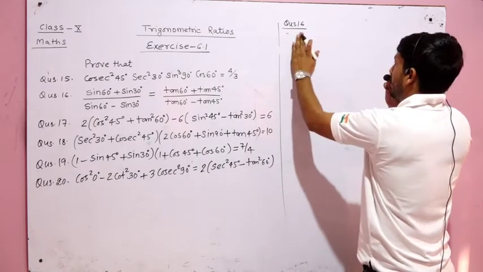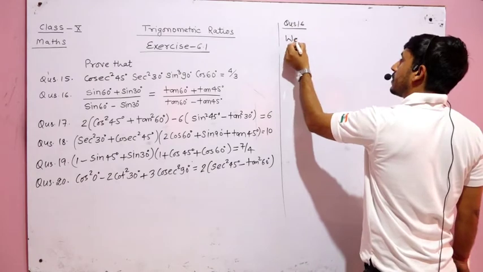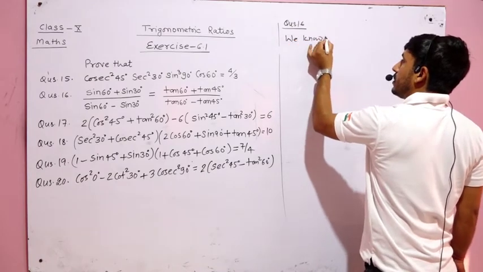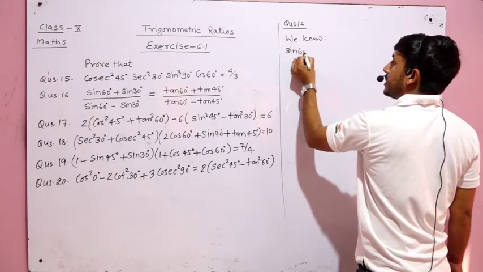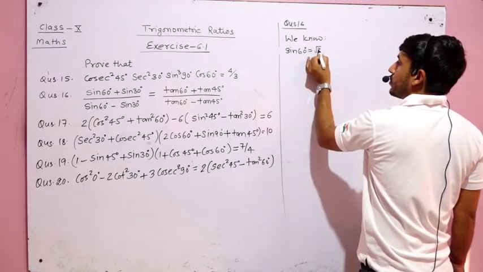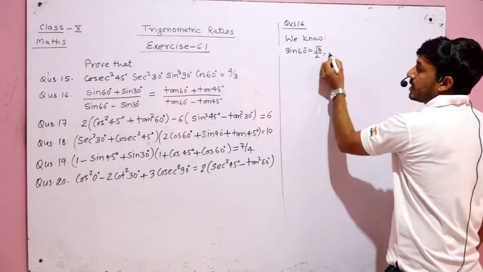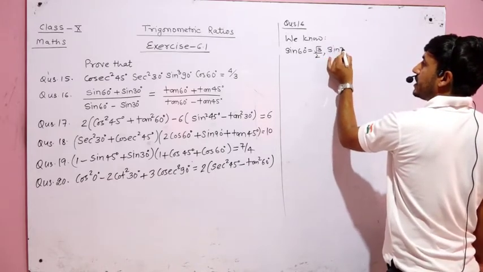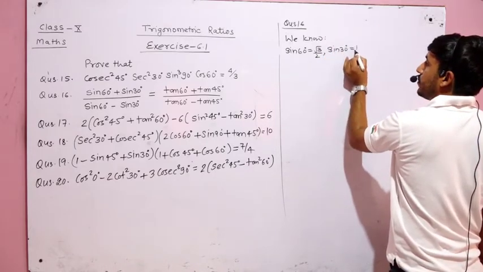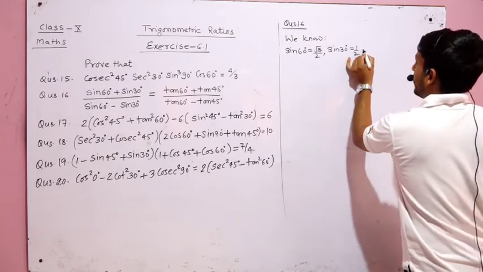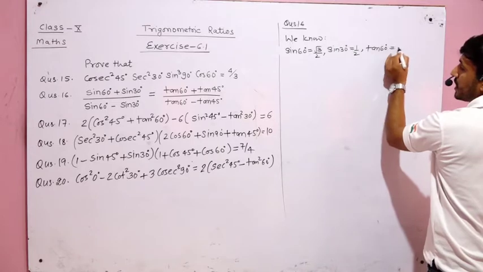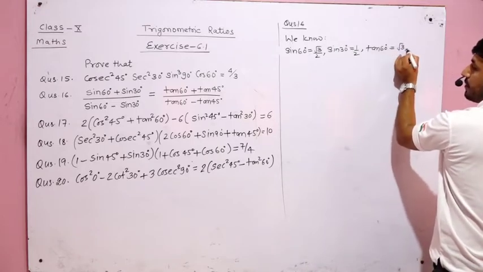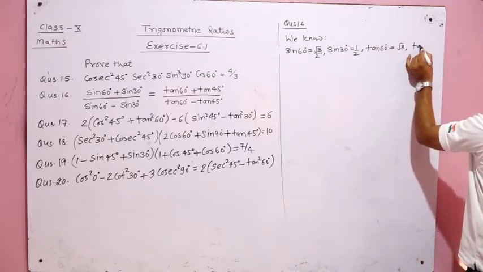We know the value of sine 60 degree is equal to root 3 by 2. Again, the value of sine 30 degree is equal to 1 by 2. The value of tan 60 degree is equal to root 3, and the value of tan 45 degree is equal to 1.